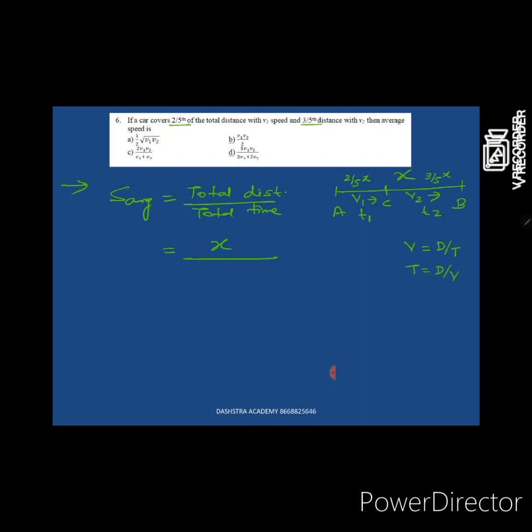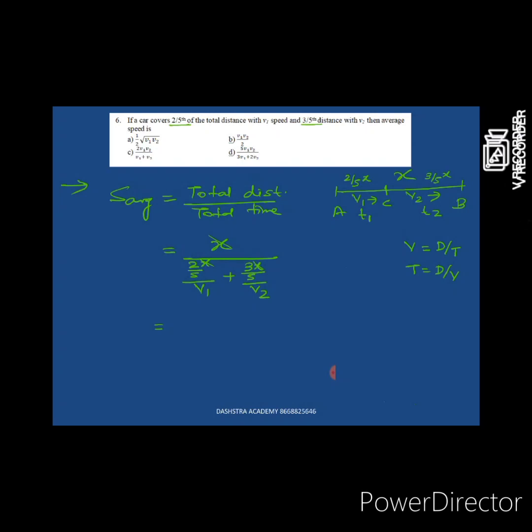So for the first portion, that is from A to C, the distance is 2x by 5 divided by the velocity v1, plus here it is 3x by 5 and the velocity is v2. Obviously x will get cancelled by taking the common. Okay, 5 is again common, we can take it as LCM.